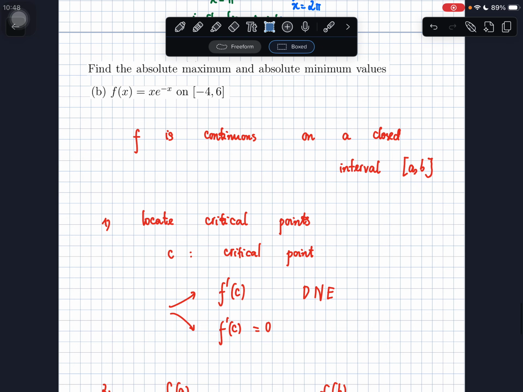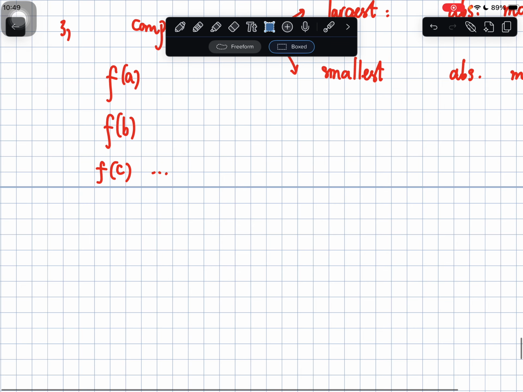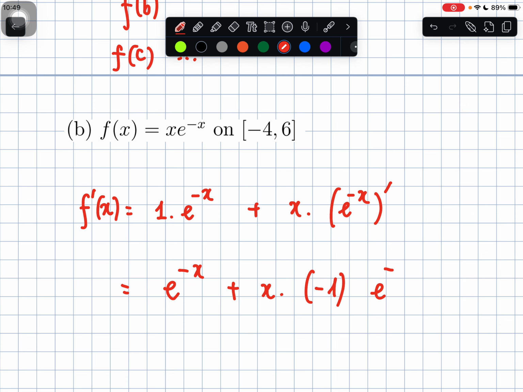The function f is nice. It is continuous and actually it is differentiable. We can compute the derivative. f prime of x, you use the product rule: 1 times e to the minus x, plus x times the derivative of e to the minus x, which is minus 1 times e to the minus x.